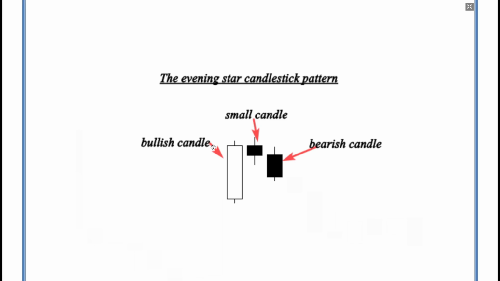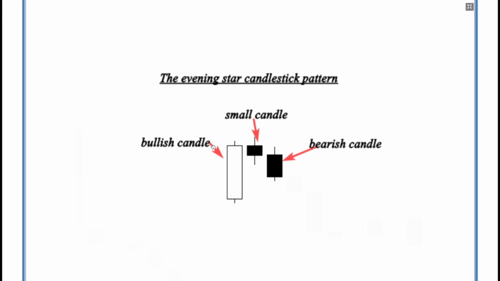Some brokers usually have a default setting whereby bullish candles are represented by a green color and the bearish with a red. Some allow you to choose the color that you want, but ensure in either circumstance you are able to differentiate them, because not being able to differentiate them can mess you up greatly, okay?